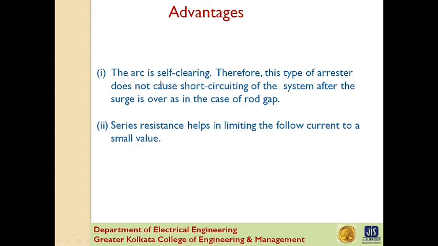Advantages are the arc is self-clearing, therefore this type of arrestor does not create a short circuit of the system after the surge is over, and series resistance helps in limiting the follow current to a small value. So in the first point, it overcomes the drawback of the rod gap arrestor.